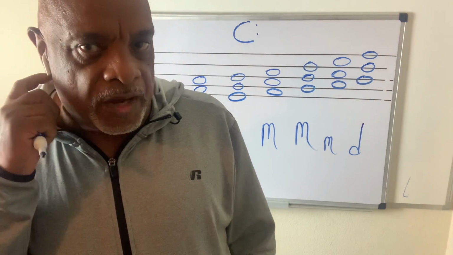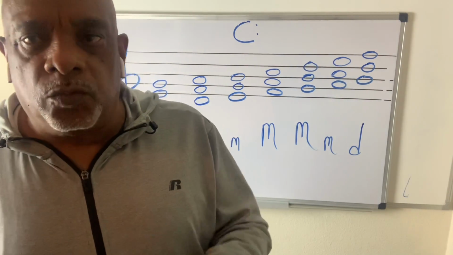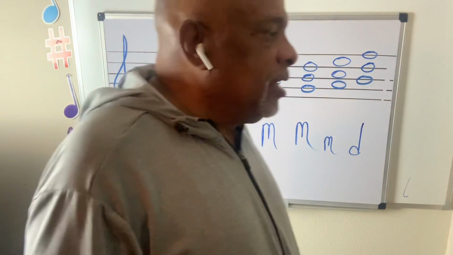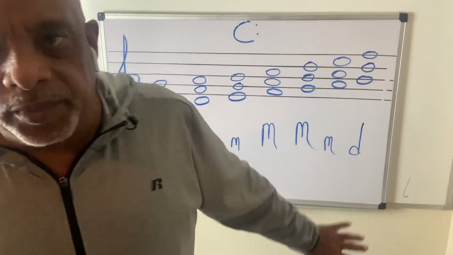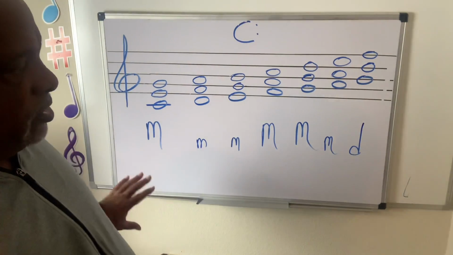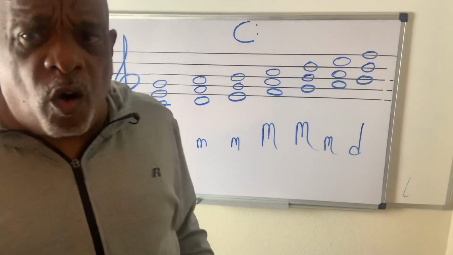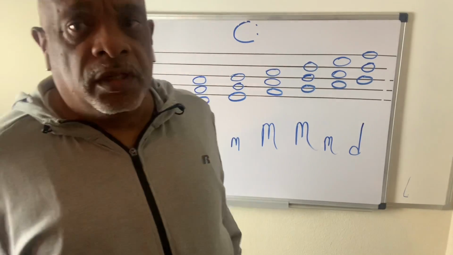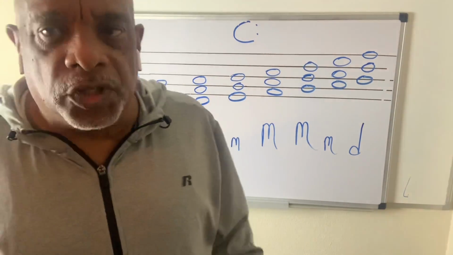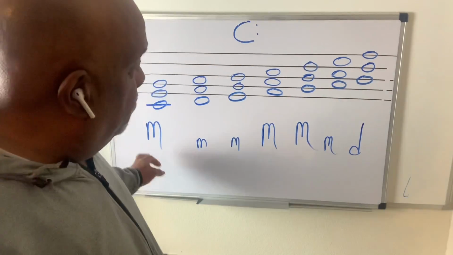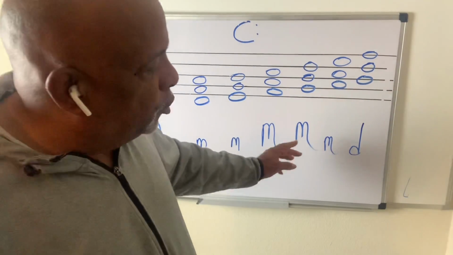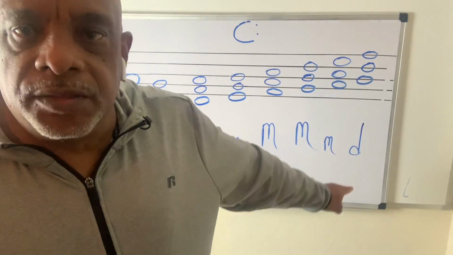All right. Now, let's move on to one other thing. Now, let me say this. This is the same formula in all of the major scales or major keys, whichever one you call it. It's always going to be major, minor, minor, major, major, minor, diminished.